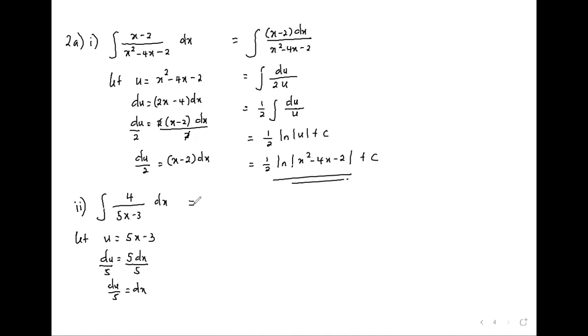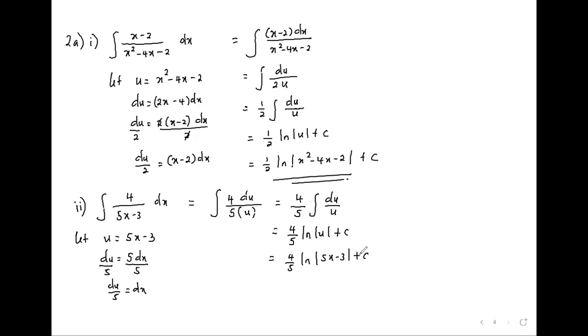So that when we come here, we can write 4, dx is du over 5, and then the 5x minus 3 is actually u. So this can be written as 4 over 5 integral du over u. So again, it becomes 4 over 5 ln u plus c. What's u? U is 5x minus 3 plus c.